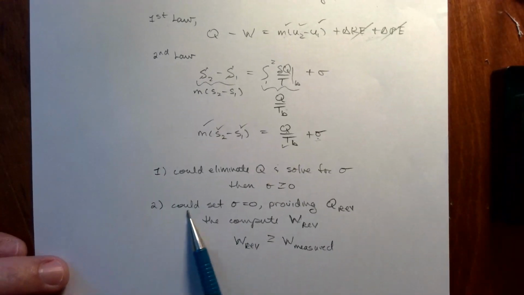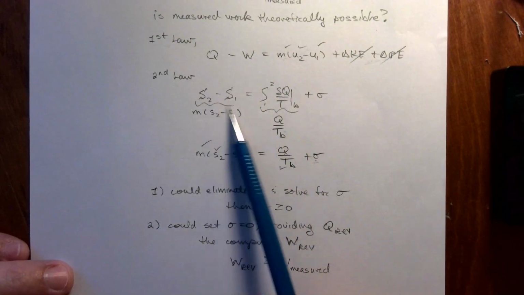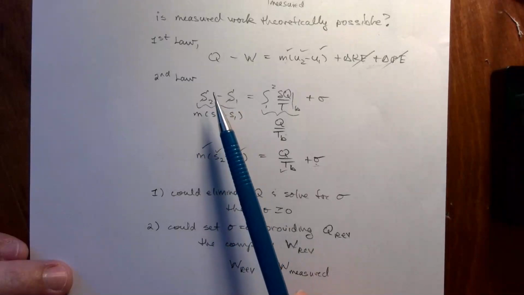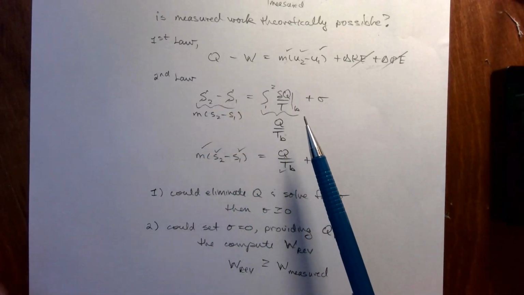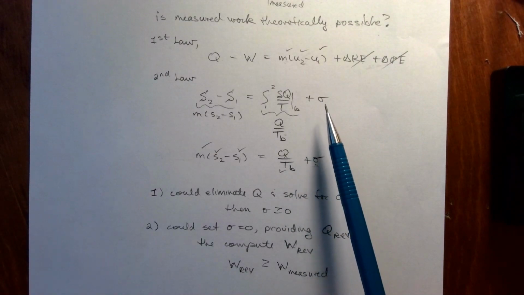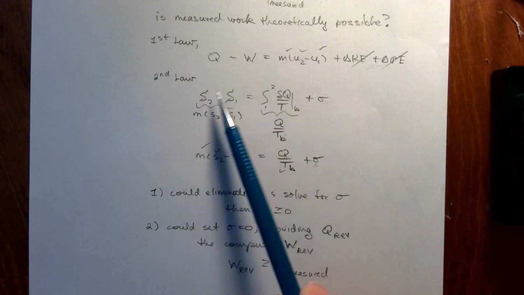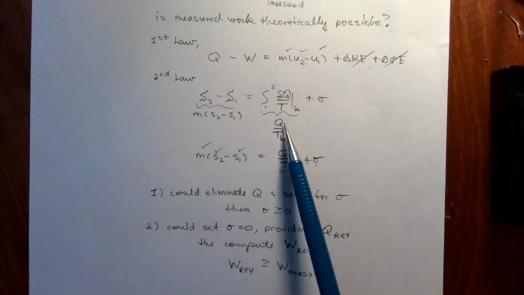Or another way to do this is to start with the second law. Take this expression and let's take the best possible scenario and assume internally reversible, cross this out, and then use this equation to come up with a Q reversible.